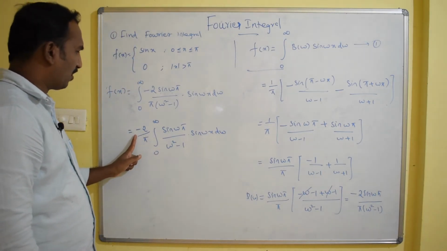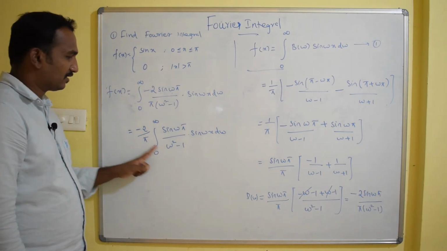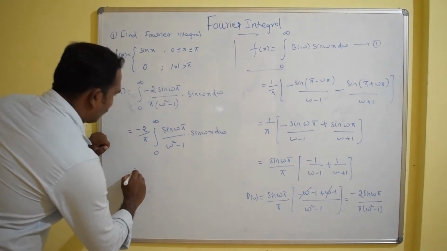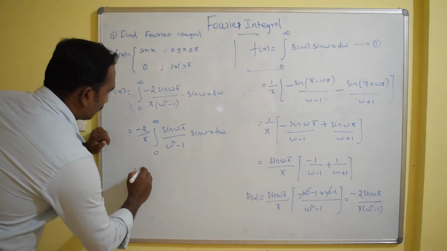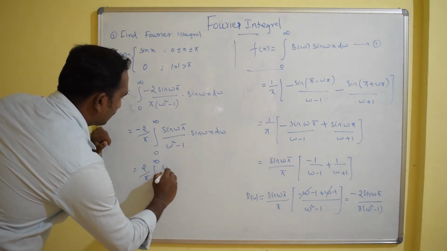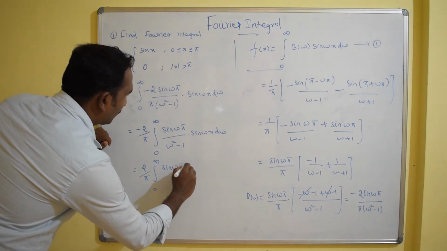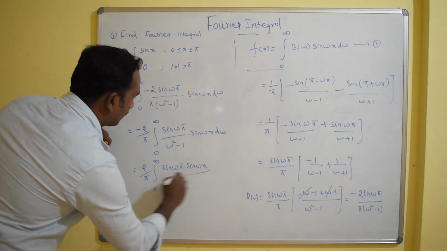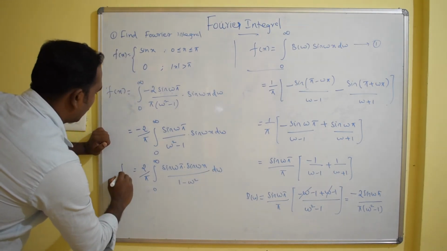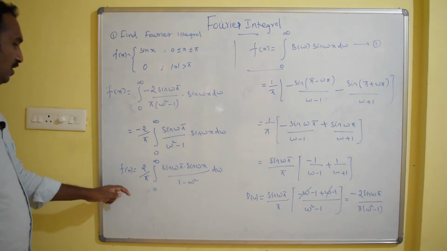So here we have one minus, and I don't like this, so I'm going to rewrite this as 1 minus omega square. So I'm operating minus on both sides, so this will give 2 by pi integral 0 to infinity sine omega pi sine omega x divided by (1 minus omega square) into d omega. This will give f of x.